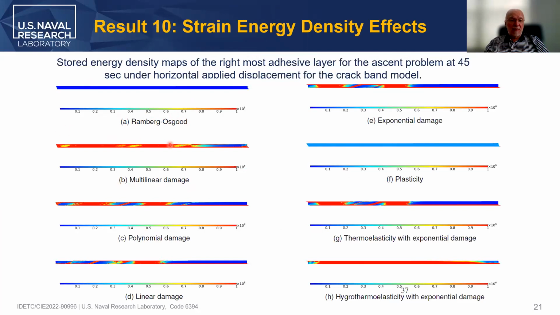The multilinear damage does show localization, the polynomial damage also shows localization, the linear damage, also the exponential damage, the plasticity, which obviously is like the Ramberg-Osgood because it doesn't contain damage, the thermoelasticity with exponential damage, and the hygrothermal-elasticity with exponential damage, again being the most critical of all in terms of how much of the material gets close to 1, in terms of being softened completely.